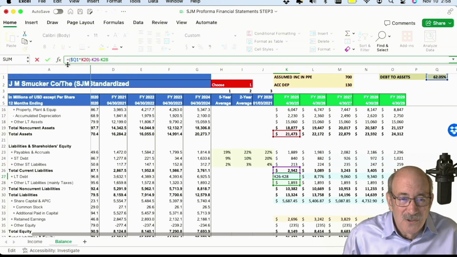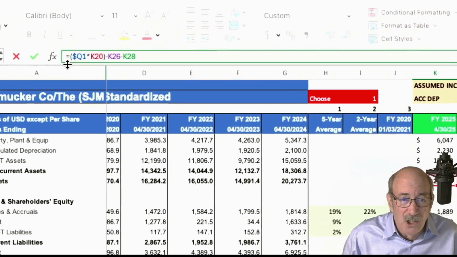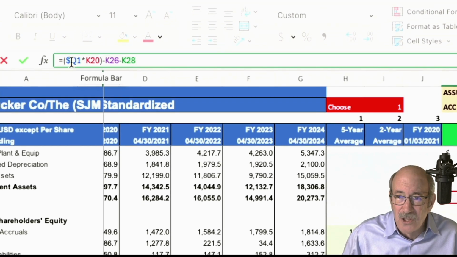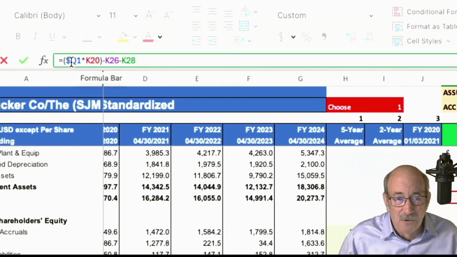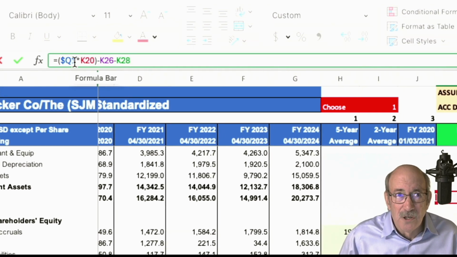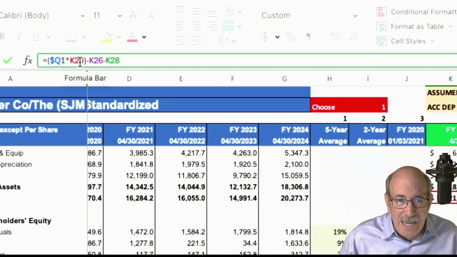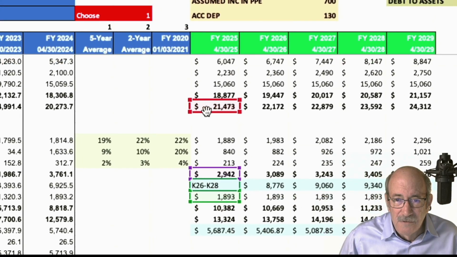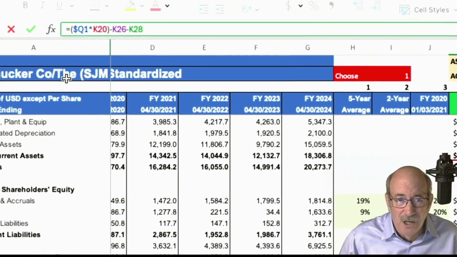Notice what I'm doing here is taking Q1, which happens to be the cell where I've got the liability to asset ratio, 0.6205, multiplied by K20. That is the total assets for fiscal year 2025.